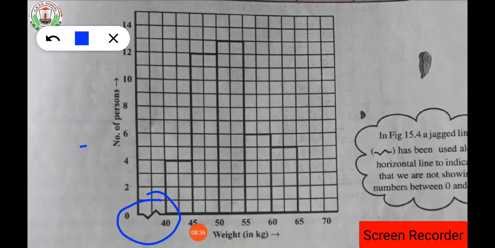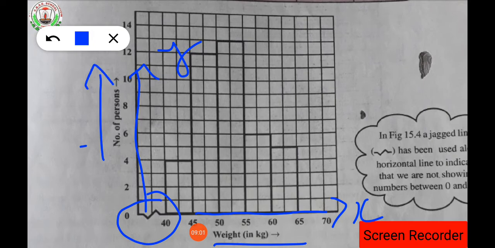Okay, so this is the x-axis, this is the y-axis. Clear? Here weight is mentioned in kg, that means 40, 45, 50, 55, 60, 65 and 70 is the weight of a person which is given according to the interval in the above table. Okay, and here we are going to see the number of persons.